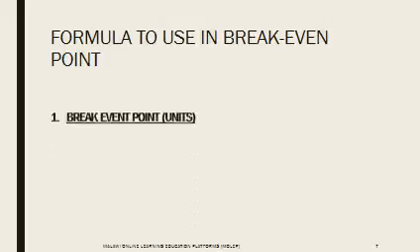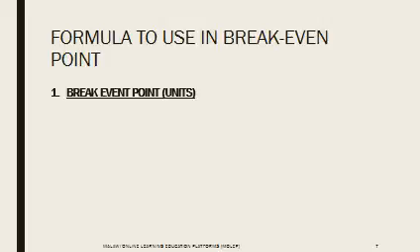At this point, let us look at the formula to use in break-even analysis or break-even point. These formulas have been categorized into two: the formula for calculating the break-even point in terms of amount or in terms of units. So you can calculate the amount needed to be produced in order for you not to make losses or profits.